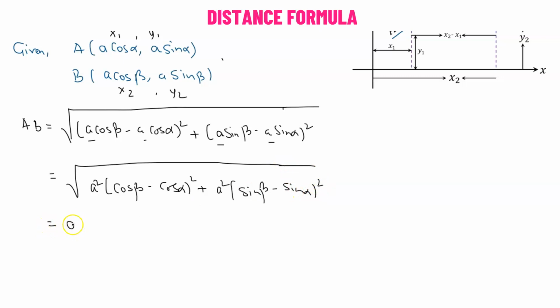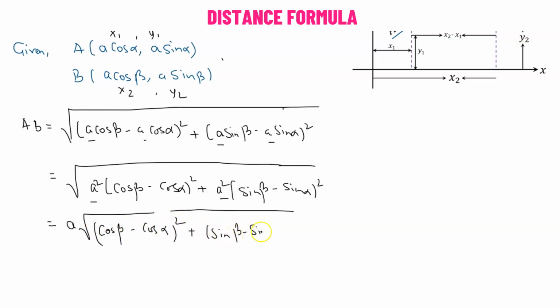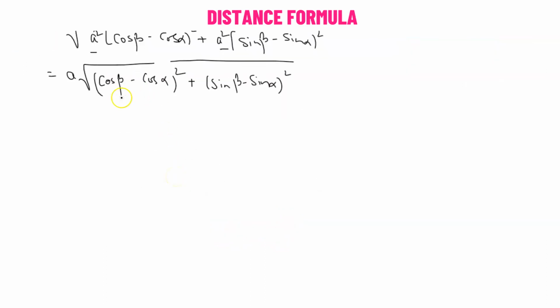Okay, so let's also take out a squared as the common factor for both terms and pull it out of the square root. So we'll only have a, because a squared is a perfect square. So now we are left with a times square root of cosine beta minus cosine alpha whole square, added to sine beta minus sine alpha whole squared. Now we are going to expand each of the two terms within the parentheses.